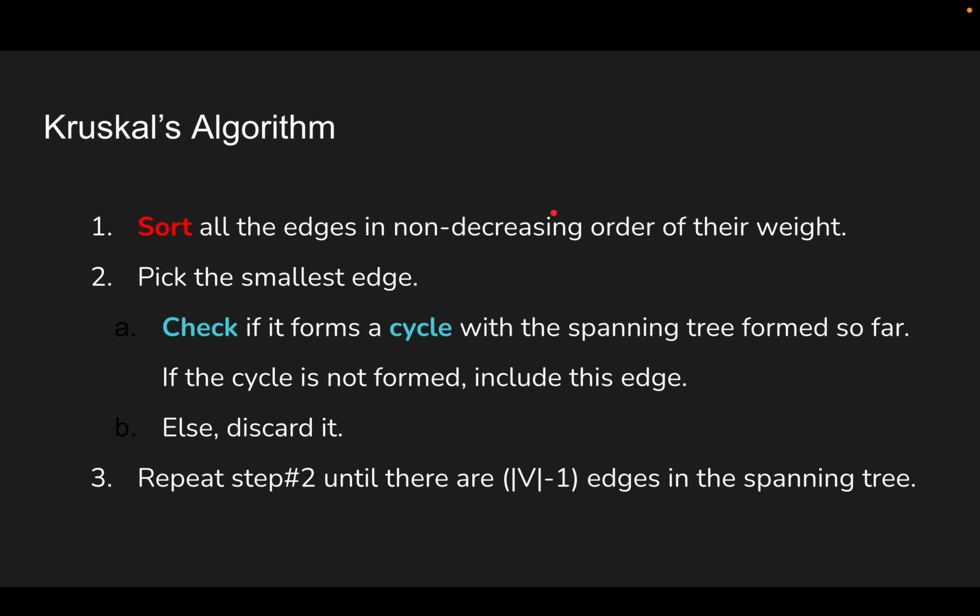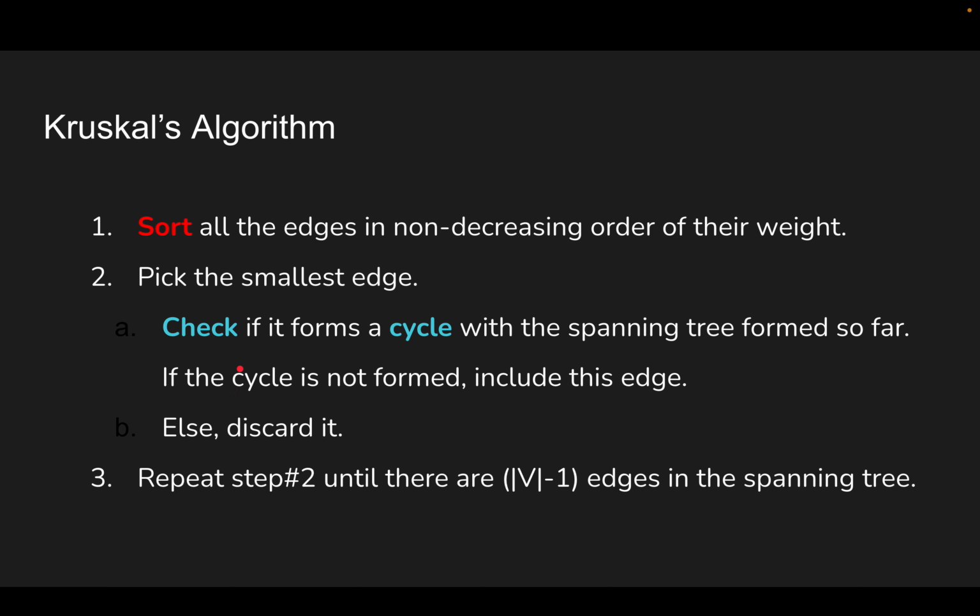The Kruskal algorithm starts by sorting all the edges in non-decreasing order according to their weight, and then iterates through each, starting from the smallest edge, performing the following action.